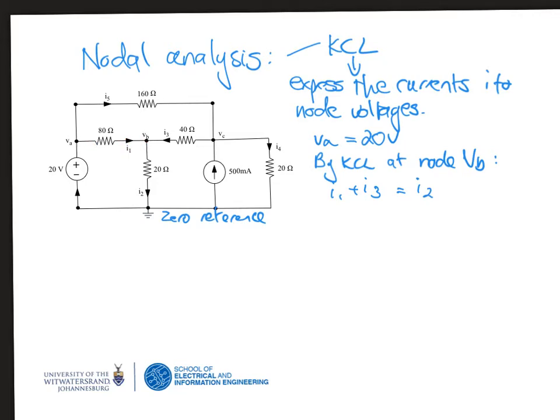But for now, we've defined it flowing from VA to VB. And so if we use Ohm's law, we know that current is voltage divided by resistance. So we can write I1 as VA minus VB divided by 80 ohms.